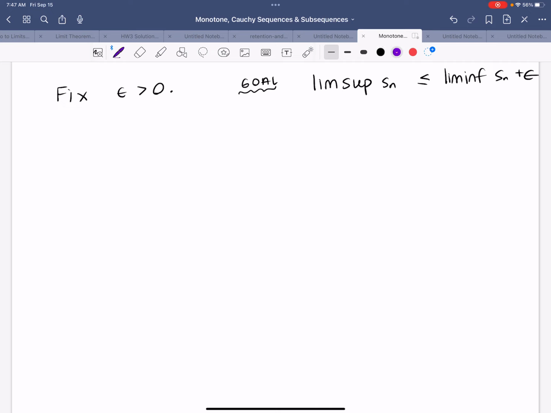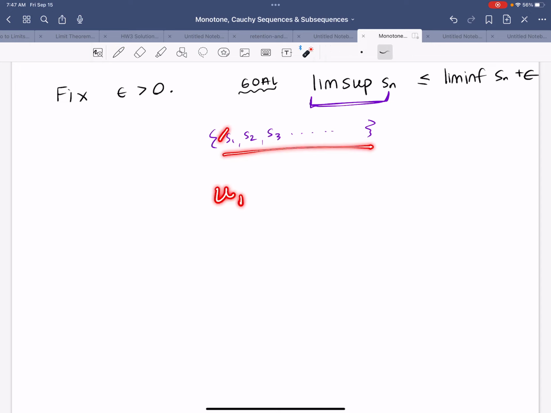Now, remember, what is lim sup? You have your S1, S2, S3, da, da, da. You look at the supremum of this set, that's your first U1. Okay, now what's the supremum of this set? That's going to be U2. What's the supremum of this set? U3. So you're looking at the supremum of the tail end of your sequence.